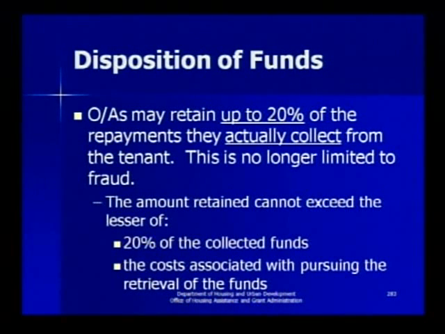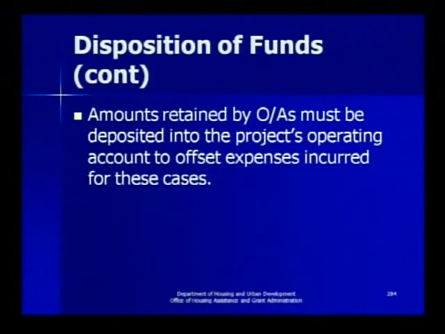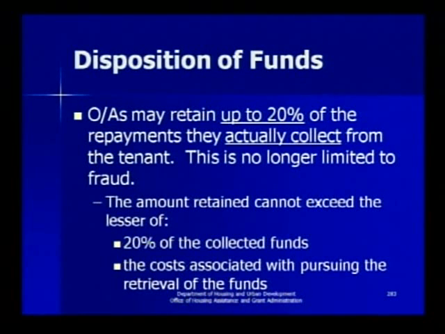And this amount retained cannot exceed the lesser of 20% of the collected funds and the costs associated with pursuing the retrieval of funds. It's a lesser of. And the second bullet point down here, the costs associated with pursuing the retrieval of the funds, that's where the $8 came from earlier that we subtracted out.